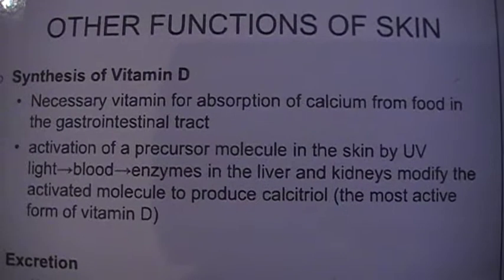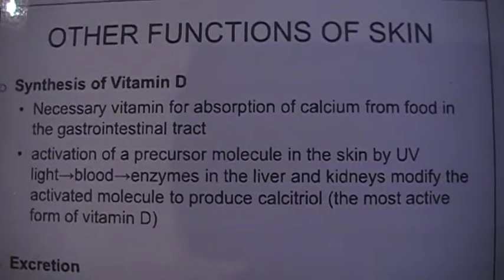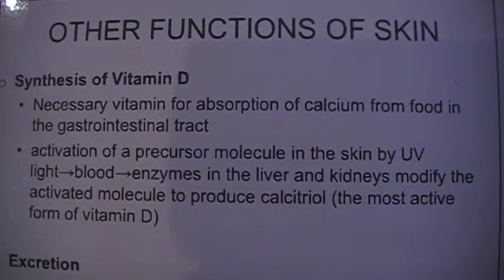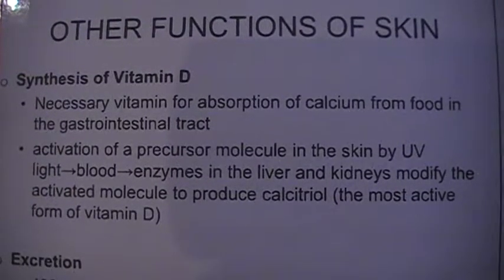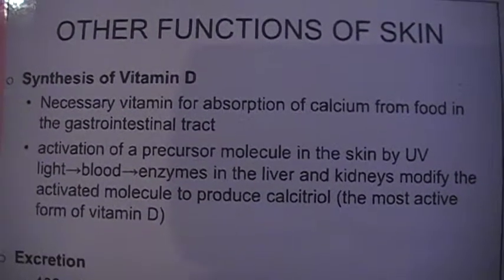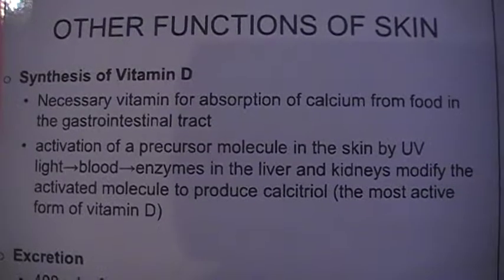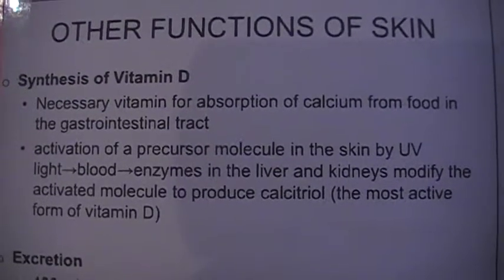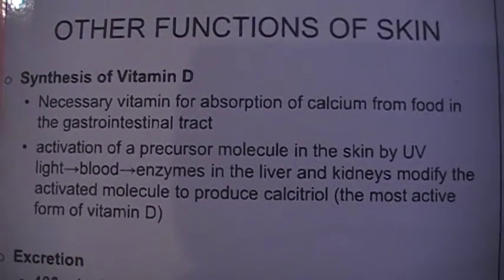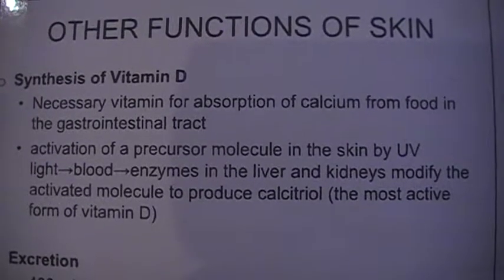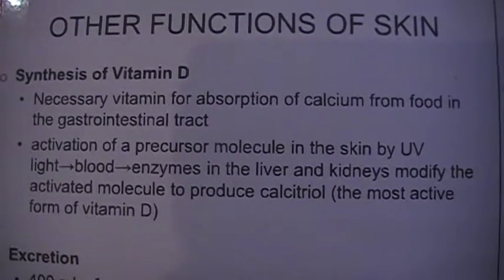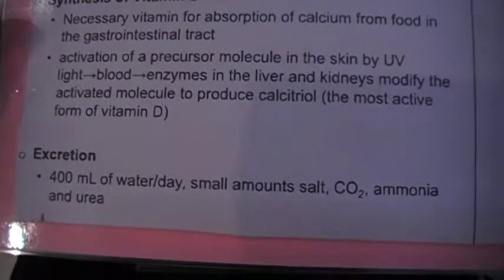Enzymes in the liver and kidneys modify the activated molecule which receives the vitamin D on the surface of the skin to produce calcitriol, which is the most active form of vitamin D.